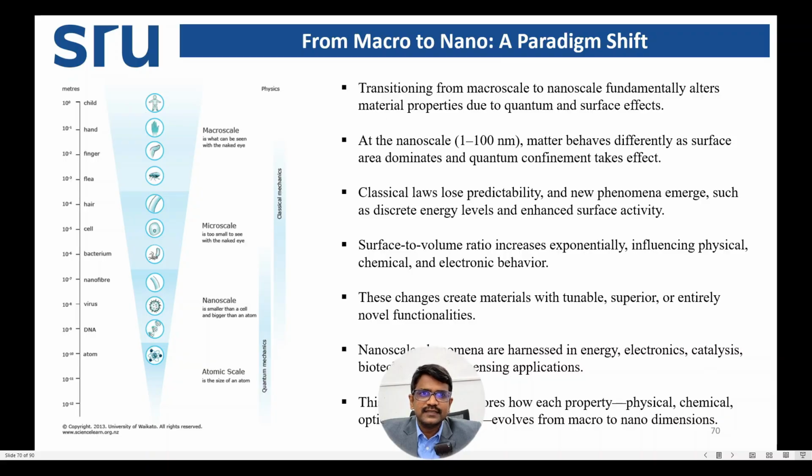Here you can see the order in meters: 10 power 0, 10 power minus 1, 10 power minus 2, 10 power minus 3. Up to this we can say it is macro scale.